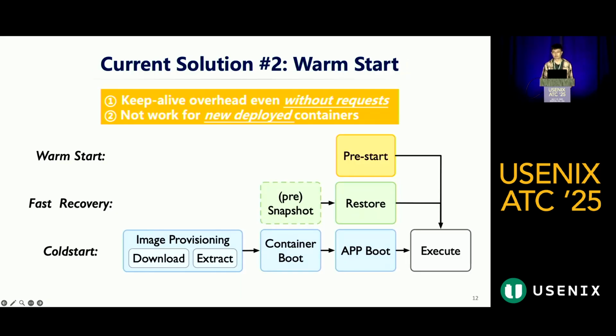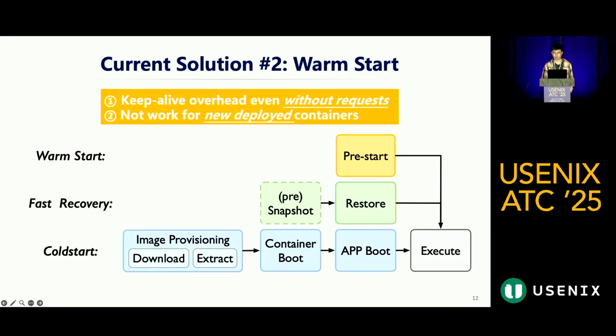Another line of work tried to avoid cold start by keeping applications always running. However, this leads to continuous resource consumption as well as violating the pay-as-you-go principle of serverless. Then some work attempts to predict the arrivals of requests to reduce the overhead of keeping instances alive. But such predictions are often inaccurate and costly.